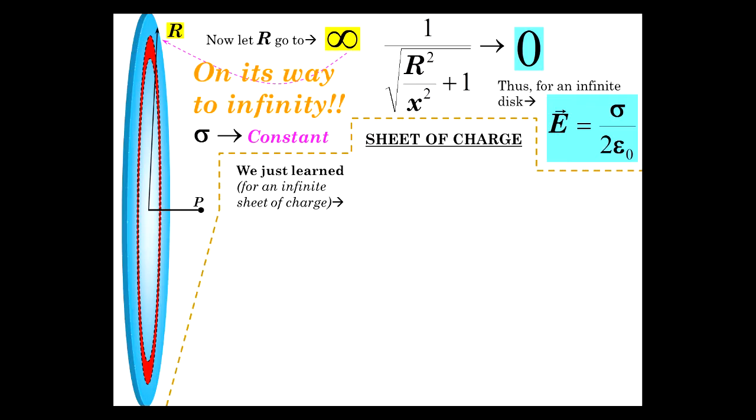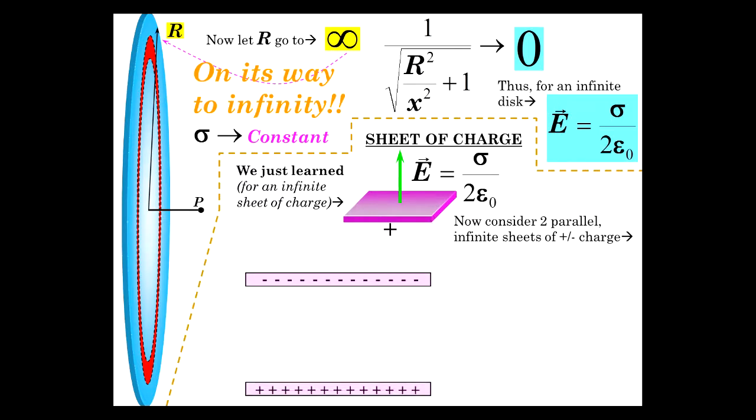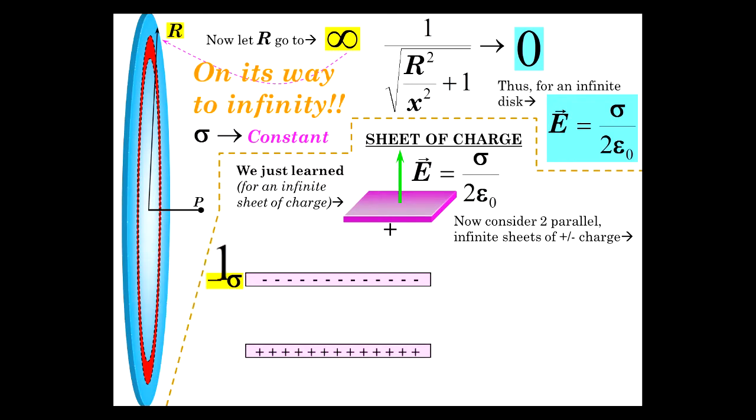So we just learned for an infinite sheet, or disk in this case, we have the electric field being sigma over 2 epsilon 0. So let's consider this sheet charged positively. Well, let's put 2 parallel infinite sheets together, each one having their charge sigma, but they're equal and opposite.